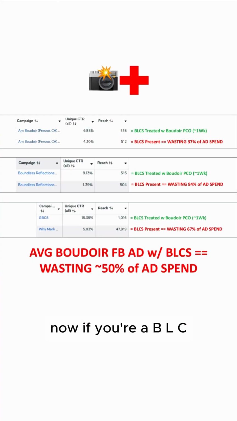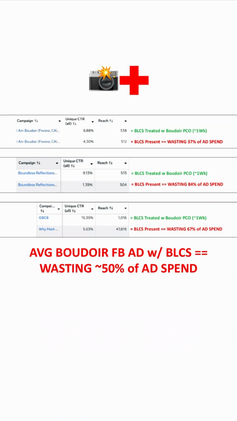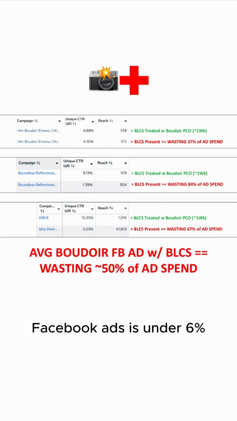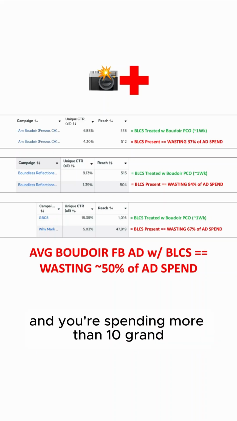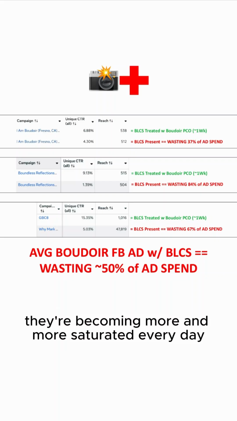Now, if you're a BLCA, a boudoir low click advertiser with BLCS, so your unique CTRL of your boudoir Facebook ads is under 6%, and you're spending more than 10 grand a month on boudoir Facebook ads, and you've looked at the marketplace, you're seeing it become more and more saturated every day.